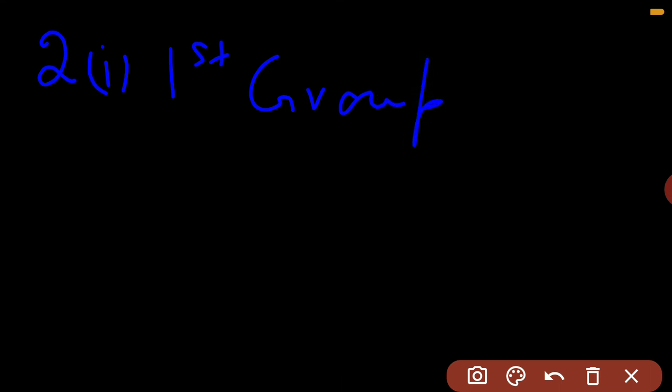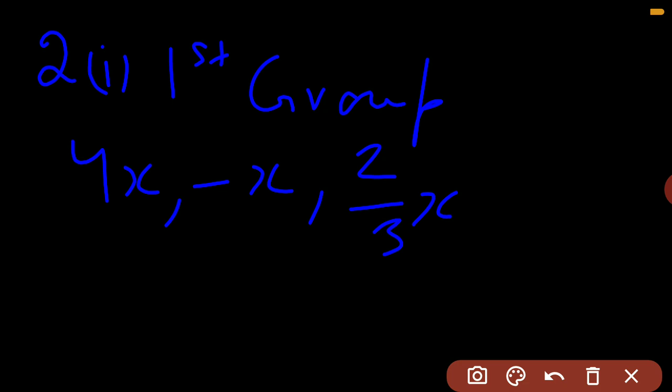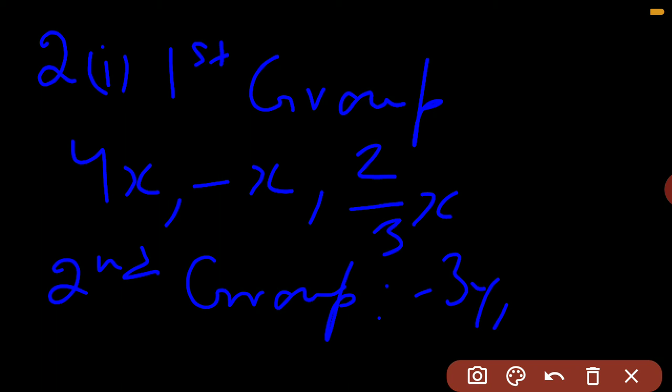The first group will be 4x, comma, minus x, comma, and 2 upon 3x. The second group will be minus 3y, comma, then the next one is 4 upon 5y, and y. I hope you understood how to do this.